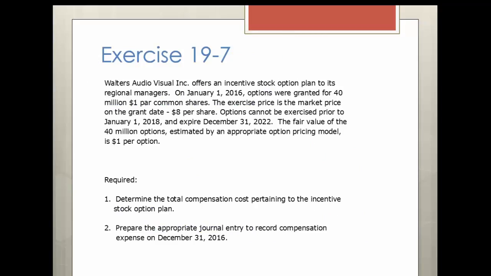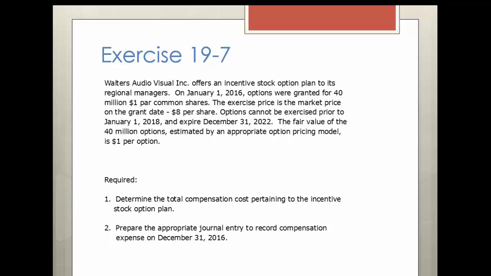So exercise 19.7, Walters Audio Visual offers an incentive stock option plan to its regional managers. On January 1st, the options were granted for 40 million $1 par value common stock. The exercise price is the market price on the grant date, which is $8 per share.